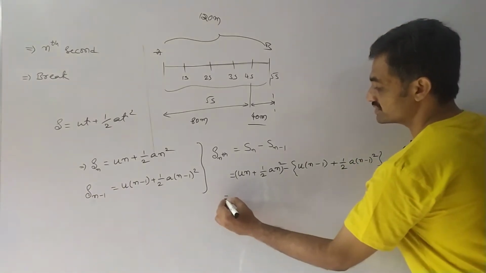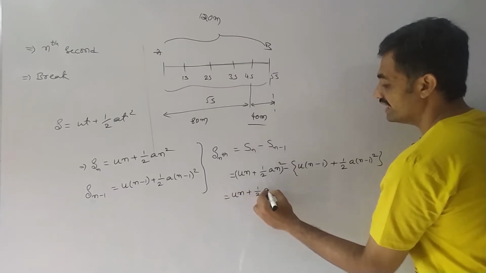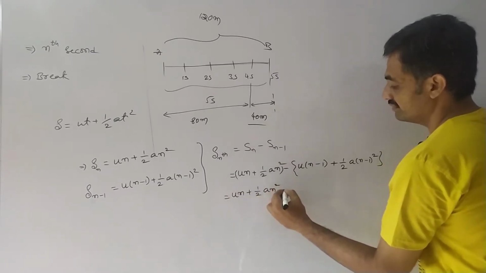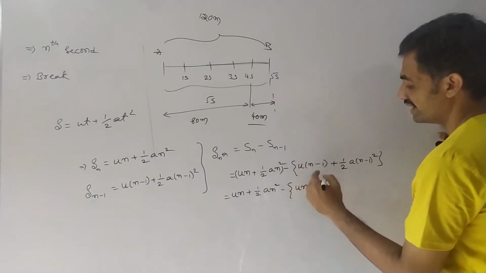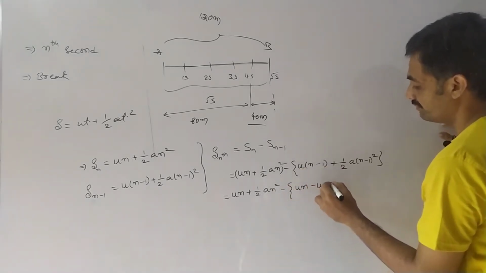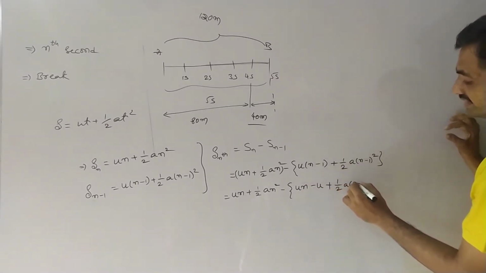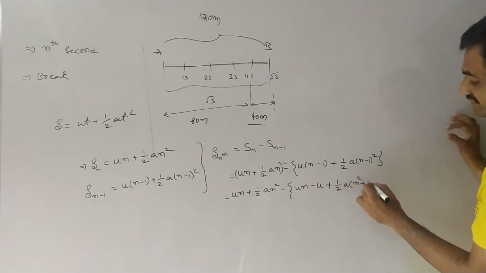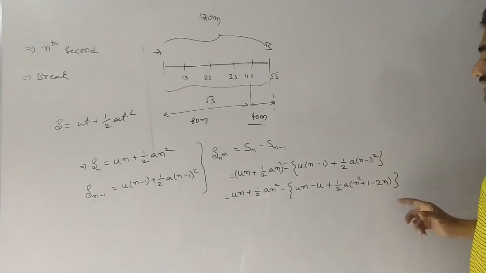Splitting this, we have un plus half a n square minus un minus u plus half a into n square plus 1 minus 2n.